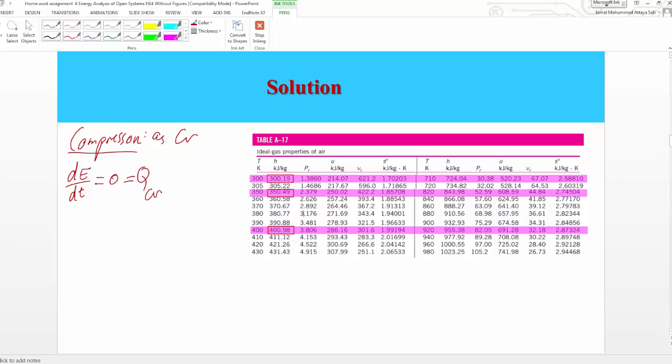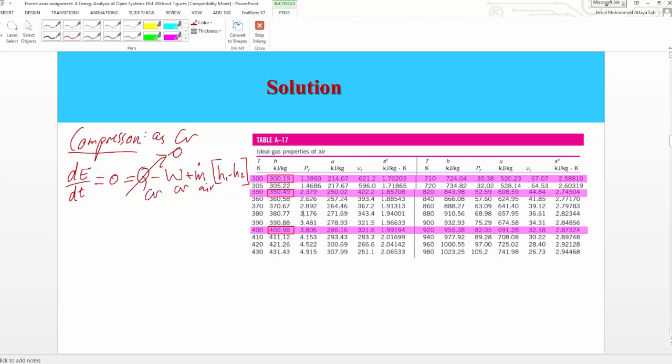according to the first law of thermodynamics, Q minus work of the control volume plus the mass flow rate of the air multiplied by H1 minus H2. Now remember, of course, plus kinetic energy and potential energy, but that is 0, so I don't need to take it with me.